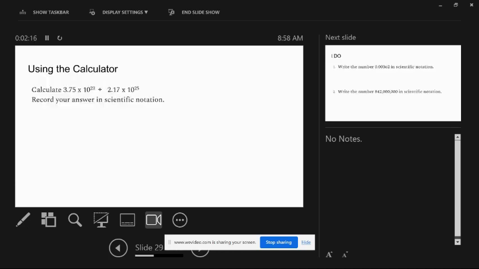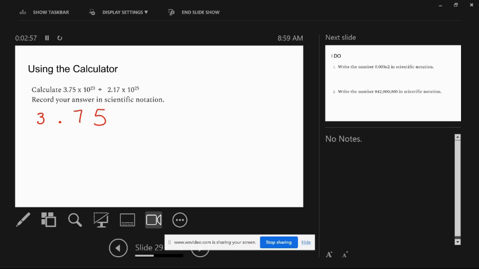All right, now we are going to use our calculator, and I'm going to show you how to put this into your calculator correctly. Okay? So what you're going to do is type in 3, then your decimal, then your 7 and your 5. Now, everybody that has a TI calculator in here, you are going to have the compulsion to hit the times key at this point.